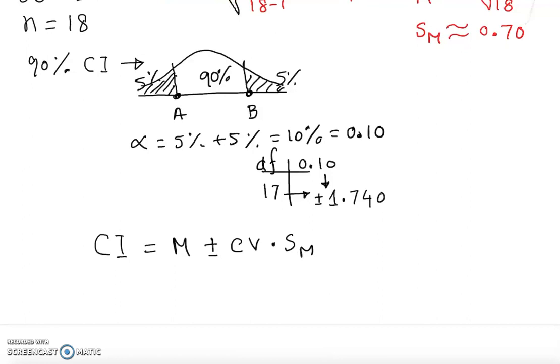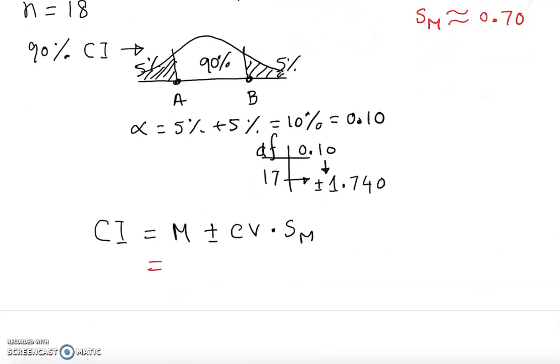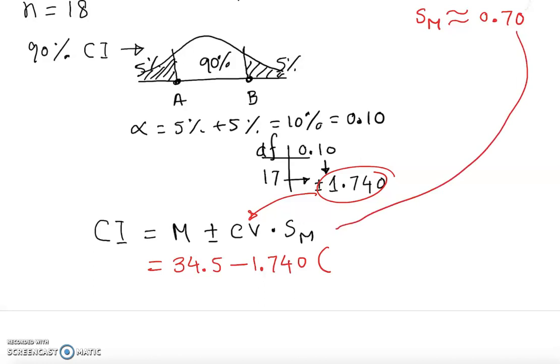So we are going to put down M, the sample mean, as you clearly see is given, 34.5, minus the critical value, 1.740, times the standard error of the mean we found, 0.70. You're going to have one interval and there is going to be another interval.